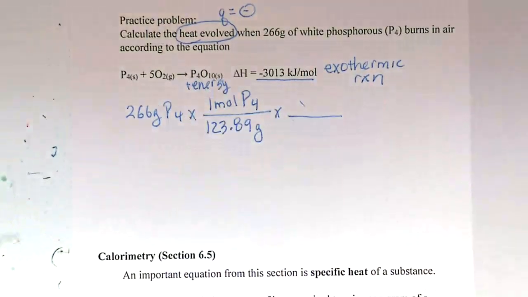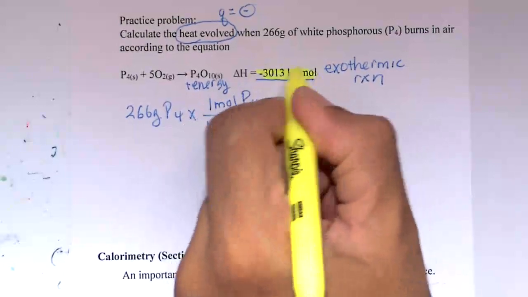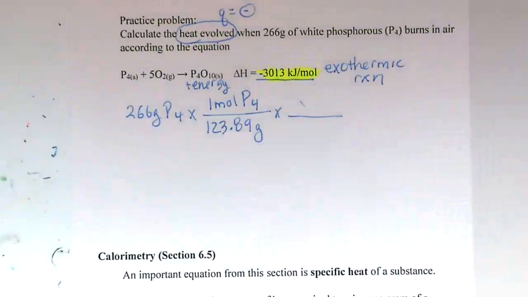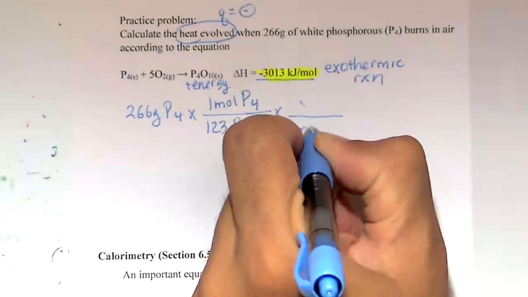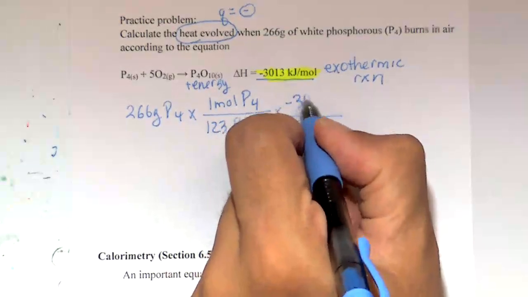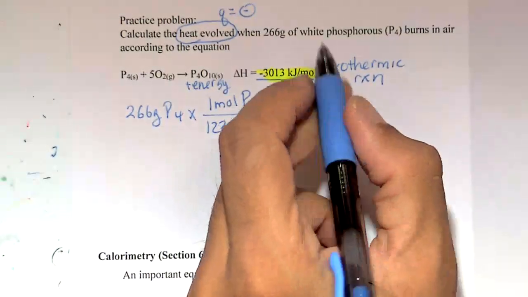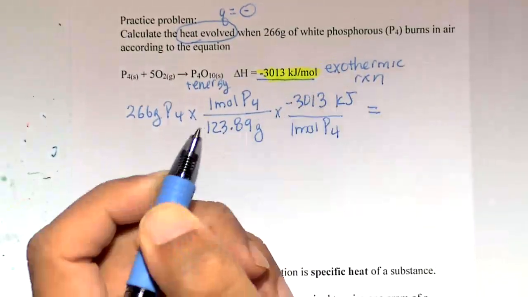Now we'll use this relationship. Now we know this. For every 1 mole of P4, there is minus 3,013 kilojoules.